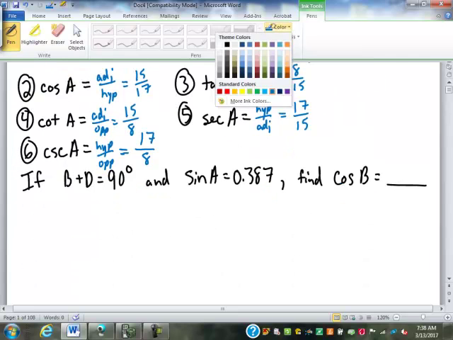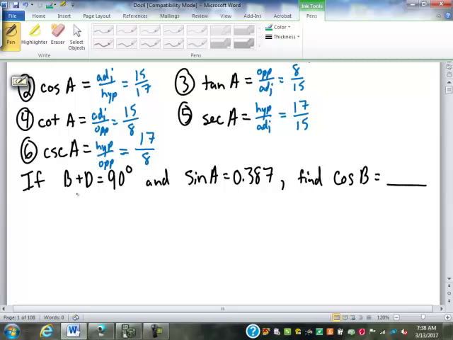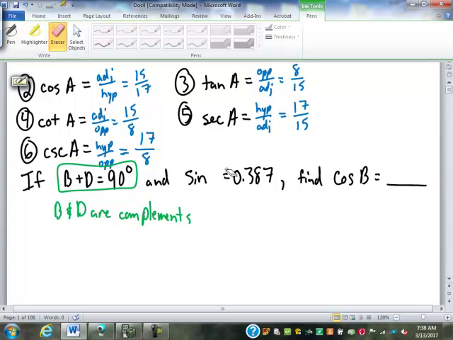Down here, we are told if B plus D equals 90 degrees. What does that mean? That means B and D are complements. And I worded this wrong over here.